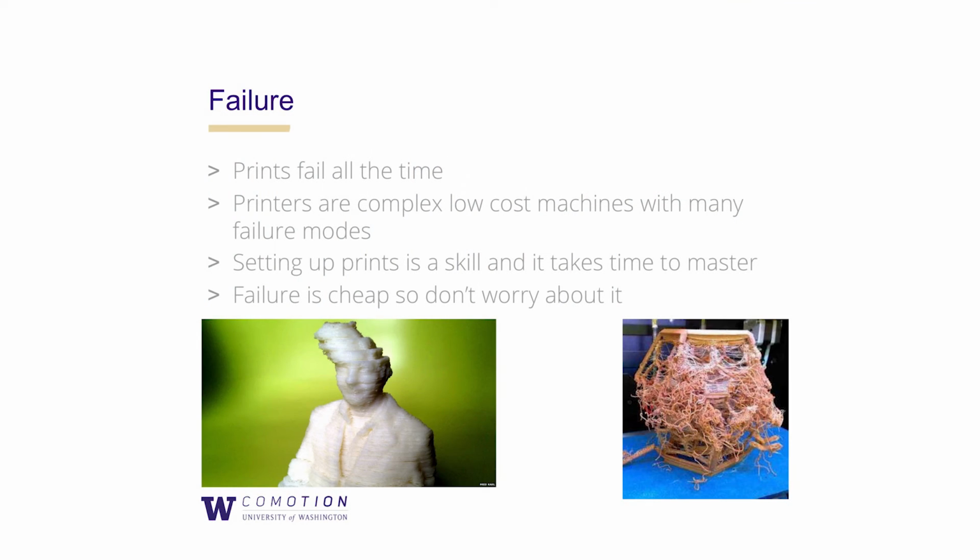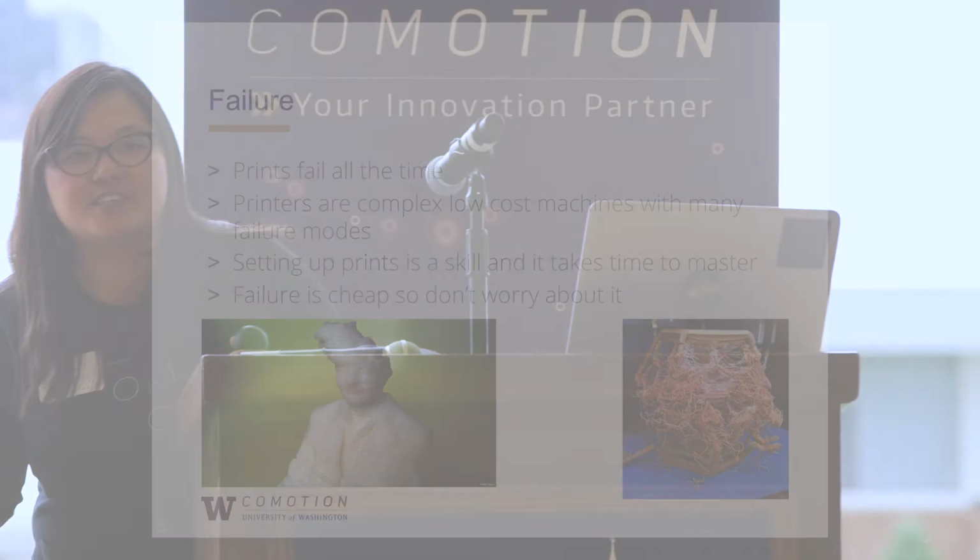Okay, so as you all know, 3D printing fails all the time. The printers are really complex, and there are a lot of different failure modes. Printing just doesn't happen overnight.